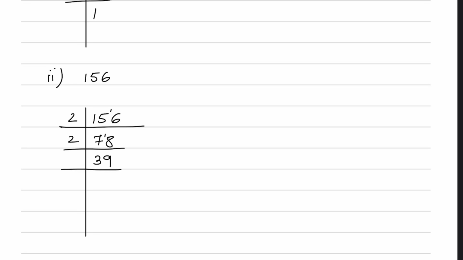Now this number is no longer an even number, so next we'll go with 3. 3 1s are 3, 3 3s are 9, and then since 13 is a prime number, 13 1s are 13. So 156 is going to be 2 into 2 into 3 into 13.